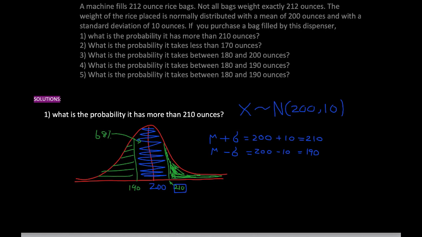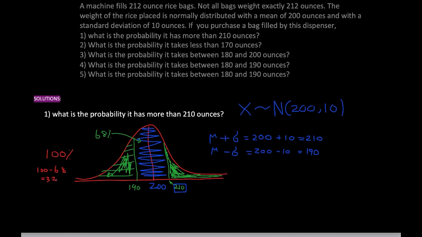Therefore, the green color areas at the left hand side plus right hand side have 32% data of all observations, because we know the whole area under the curve is 1 or 100%. Therefore, we can find the area in green color, 100 minus 68 equals 32.